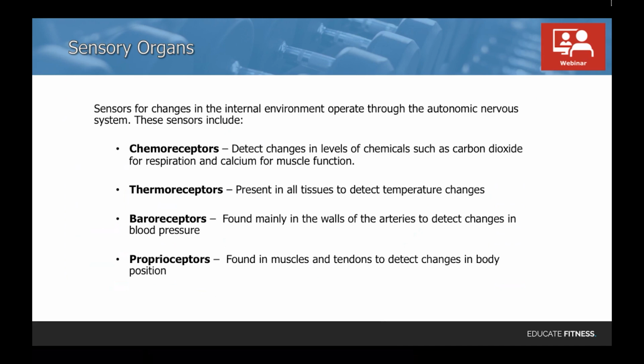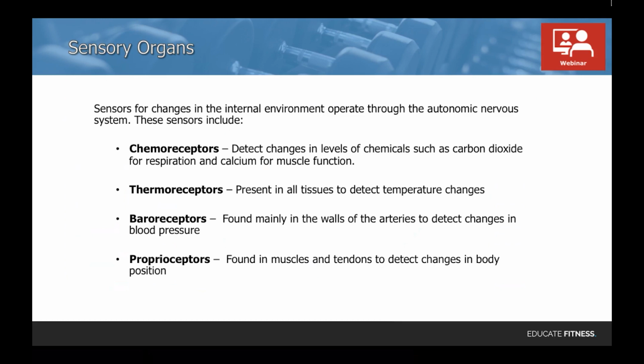Let's talk about sensory organs in the body. The body is very special and very clever at keeping balance, that homeostasis in the body. It does this through sensors for change, and we have 4 different sensors in the body. These are all sensory organs in the autonomic nervous system. Remember, that could be excited or it could be relaxed.